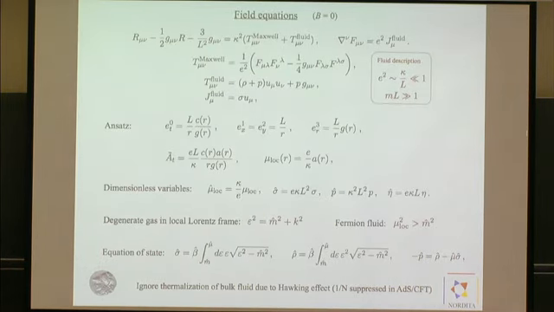So let me outline how that works, but before I do that, just to give you the setup: in this system we have the gravitational coupling, so this is basically Newton's constant, and we have the electromagnetic coupling. And for this fluid description to work, you want these to be weakly coupled, both the gravity and the gauge field.